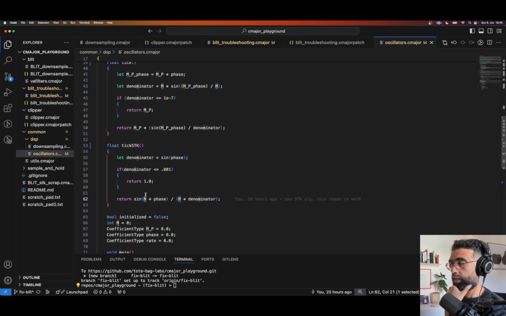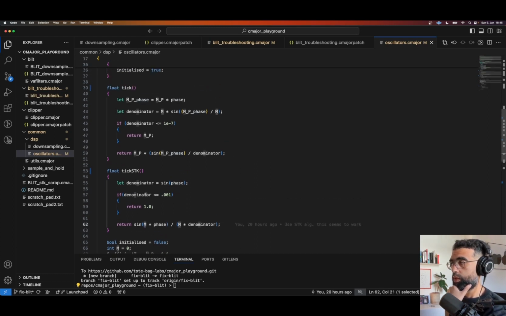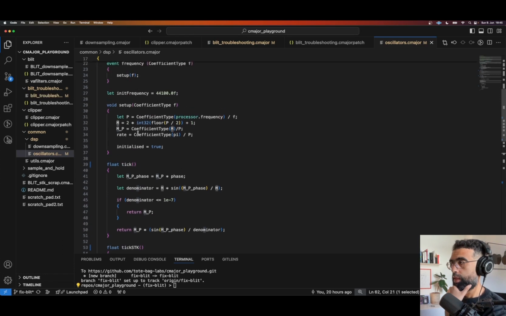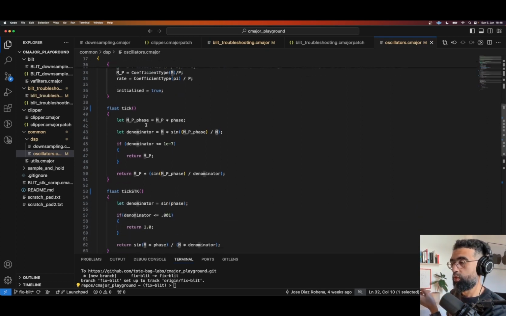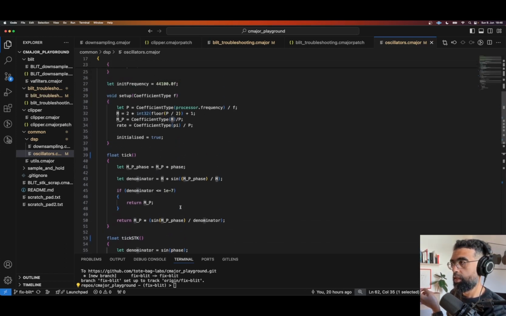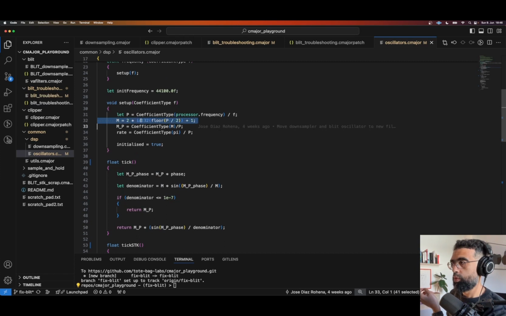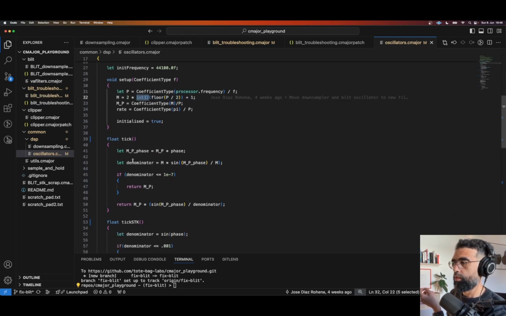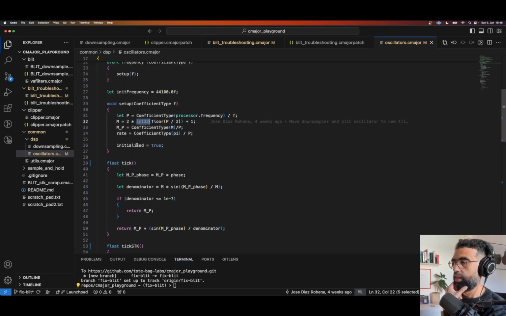We are correctly calculating M. And I say M is correct because tick STK depends on M. If this was being calculated incorrectly, so would tick STK.